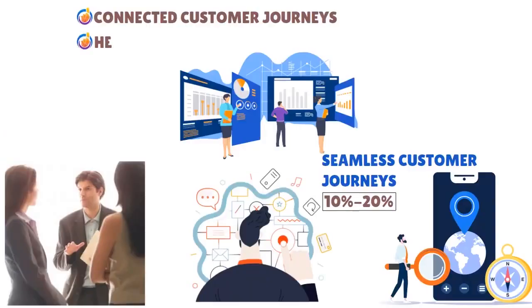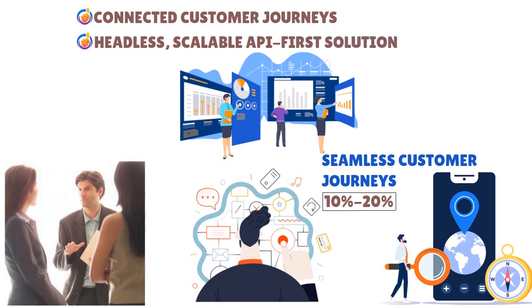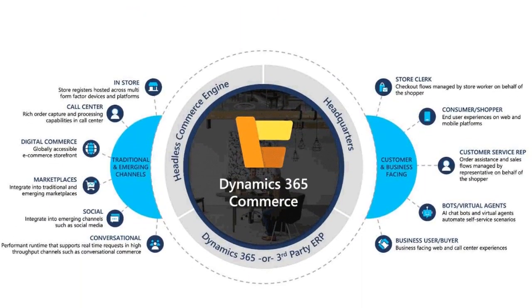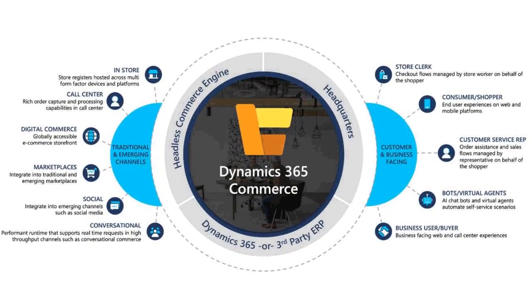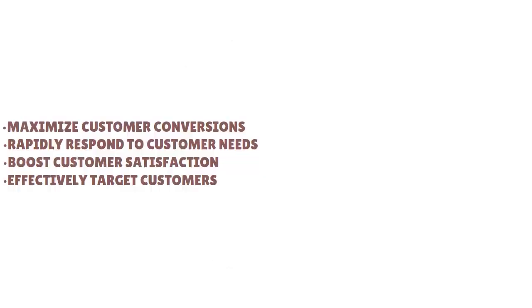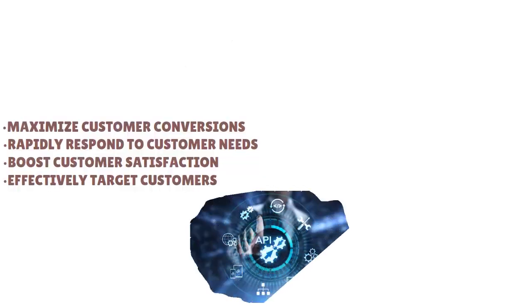You also have through Dynamics 365 Commerce a headless, scalable, API-first solution. Okay, so what happens here is that when you have an API-first solution, that means that if you want your current tech stack to talk to Dynamics 365 Commerce, you can do so through the platform's API. So you're going to have to have your dev team connect with the Microsoft Dynamics 365 Commerce API and get things done.